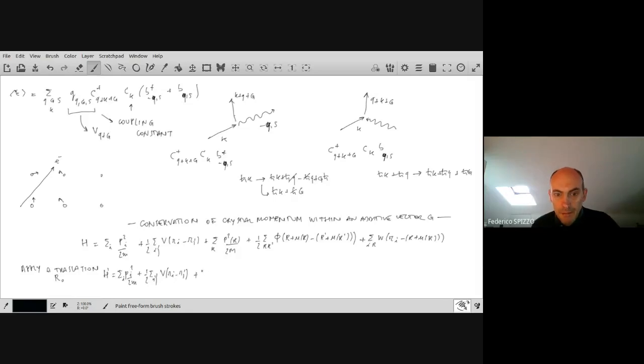Then here we have a summation over R, where R is the coordinate of one ion in position R. So if we translate everything by R0, here we have R plus R0 divided by 2m. Here we have to apply the same translation.